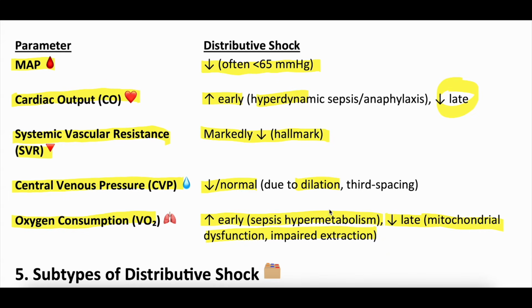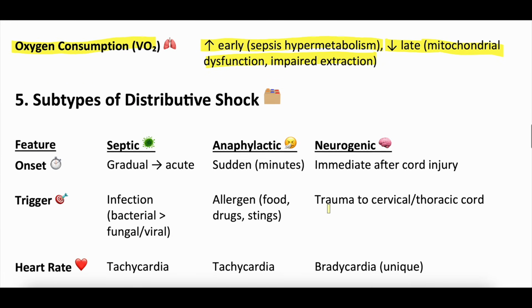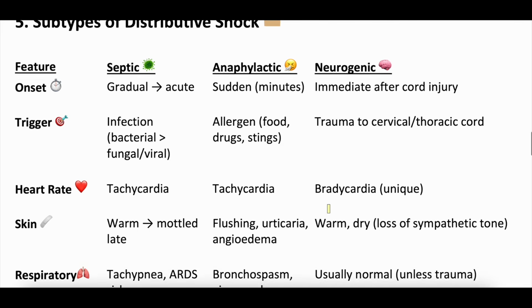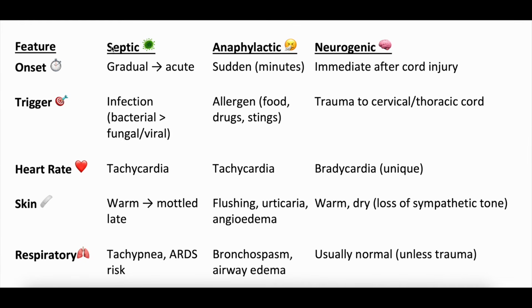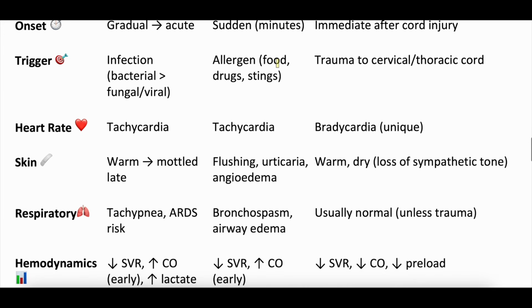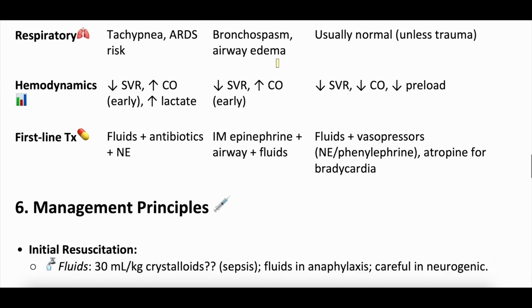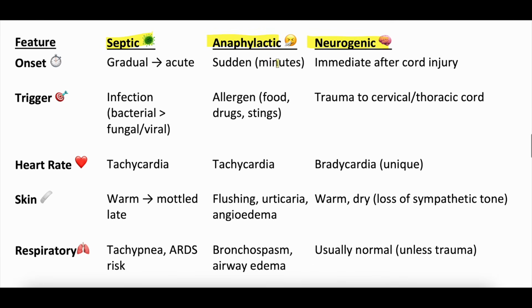So we talked a little bit about the subtypes of distributive shock, but I want to dive into it just a touch more here: septic, anaphylactic, and neurogenic. So we're going to talk about things like the onset, the trigger, the heart rate, the skin exam, respiratory rate, hemodynamics, and then first-line therapies. So in septic shock, the onset is going to be gradual, whereas in anaphylactic shock, it should be sudden.